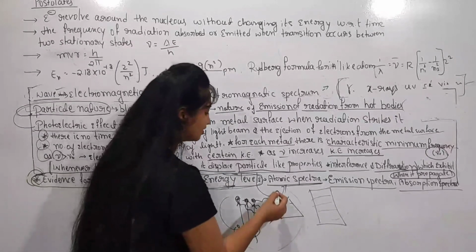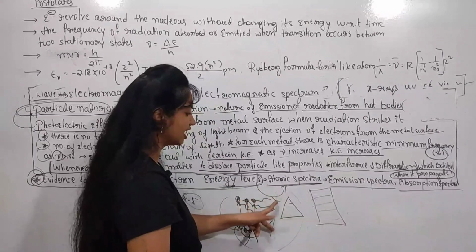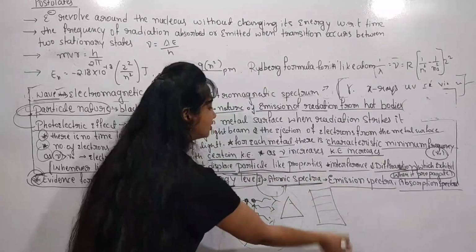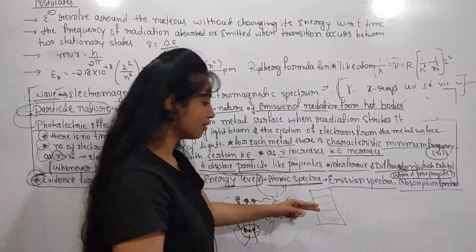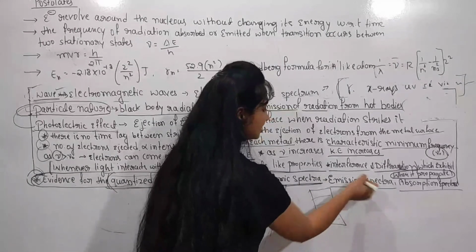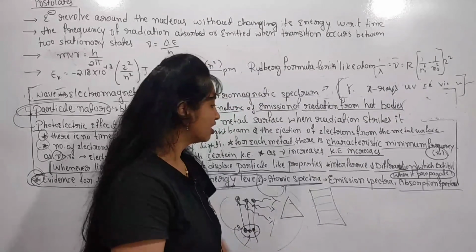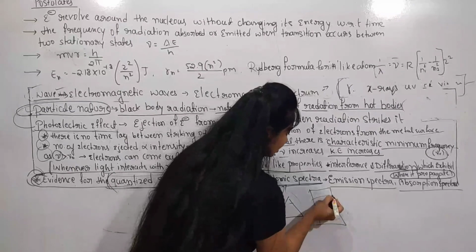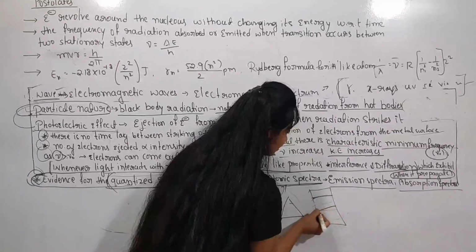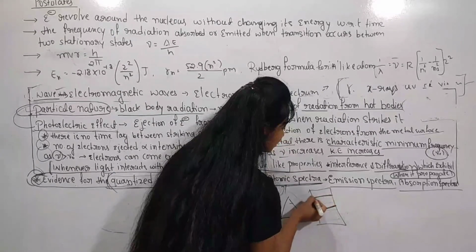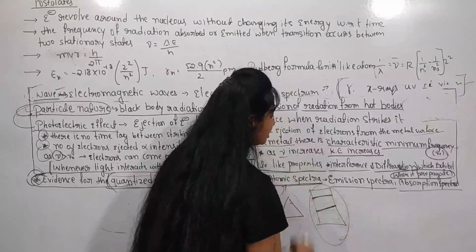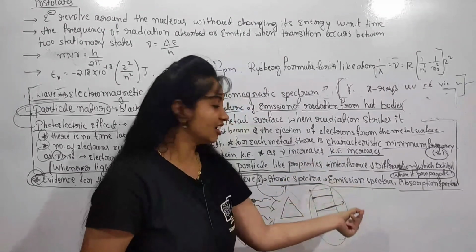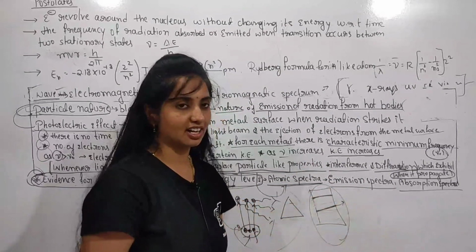With the help of this radiation, we get the spectra on the photographic plate, called an emission spectra. We get it in the form of lines, so it is called an emission spectra as well as a line spectra.